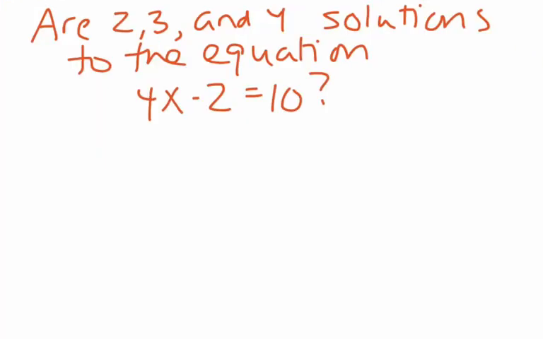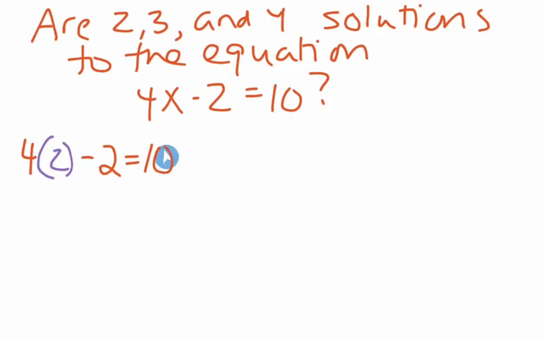So let's go ahead and we'll check the first one, which is the number 2. And at this point, this is a skill that hopefully you have where you can take a number and then plug it in and then use order of operations to simplify it. What we do is we simplify the left side and the right side separately.